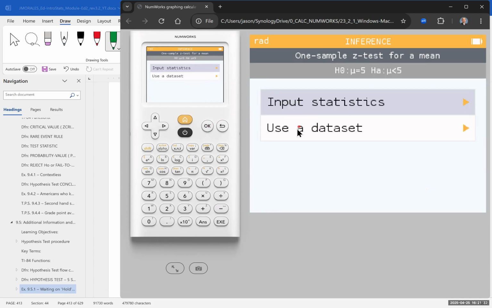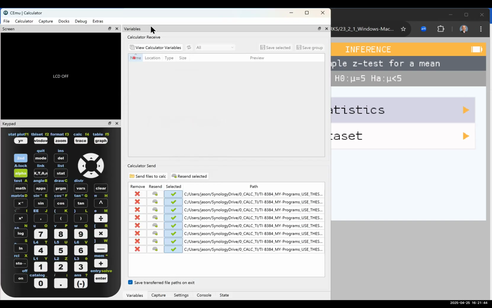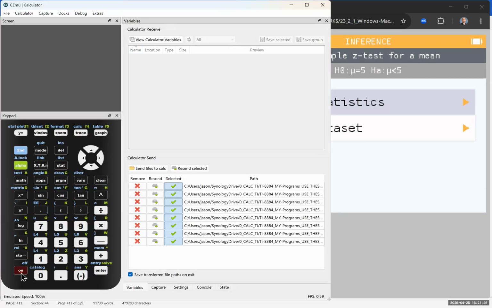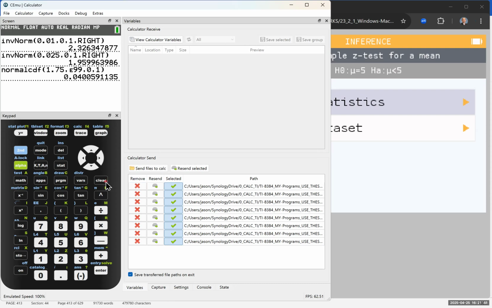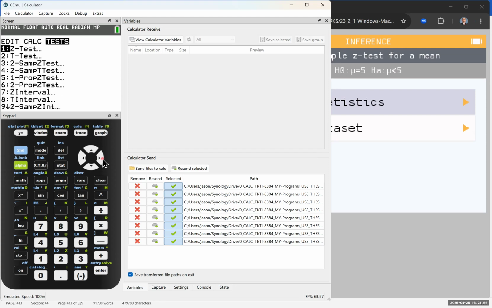Now, input statistics or use a data set. So this is very similar to the Texas Instruments. And why not? I'll just go through the Texas Instruments at the same time, just so I'm not leaving you Texas Instruments people hanging here. So let's clear that. Now to get to the statistical tests, you hit the stat button and go to tests.